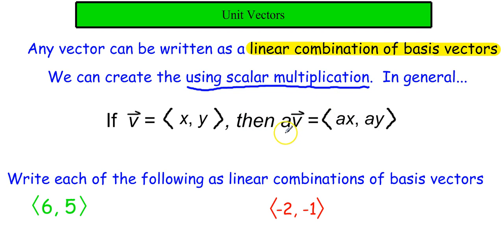So we can take a vector, multiply it by some scalar, and it's essentially just a really simple distributive property. The A gets distributed to the x component and the y component, and we end up with a vector in terms of that magnitude times whatever the x component is, and that magnitude times whatever the y component is.